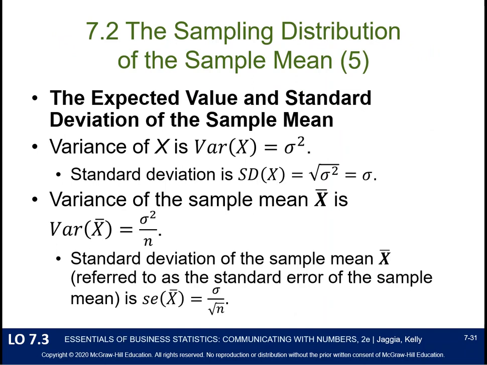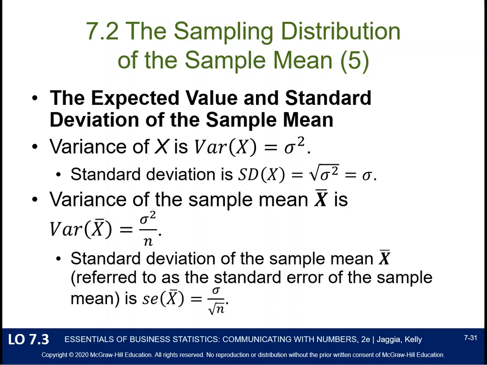Now we're going to jump back for just a second. We talked about this in our second video, but I skipped over this part because I knew we were going to touch on it here. Remember, we're talking about the mean and the standard deviation of all of these samples that we're taking.